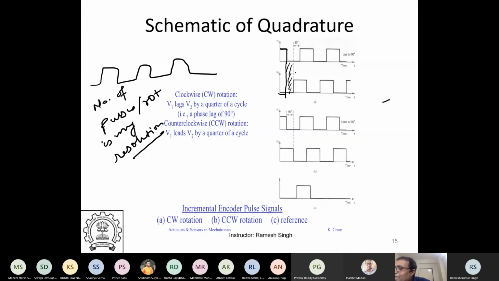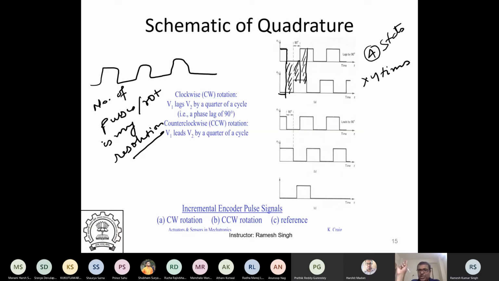Then again there will be another increase, because this will again be non-zero. So third, and then again fourth will have further increase. So now I can have 4 states here. Instead of having 1, I get 4 states. So by using quadrature, my resolution can become 4 times.